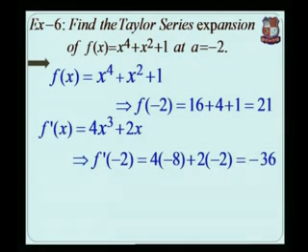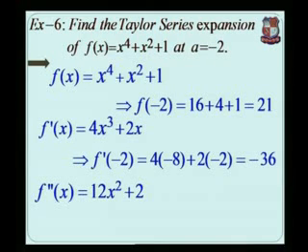So the value at the point minus 2, f'(minus 2), is equal to 4 into minus 8, since minus 2 raised to 3 is minus 8, plus 2 into minus 2, so minus 32 minus 4, result minus 36.